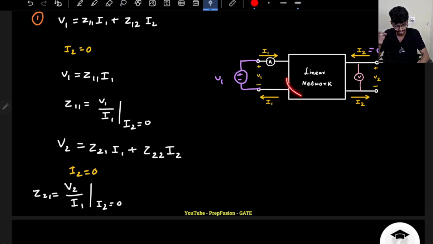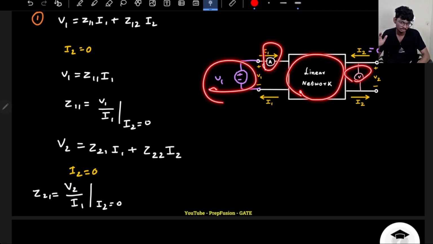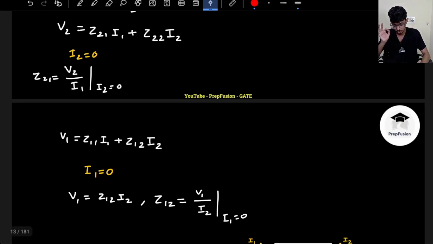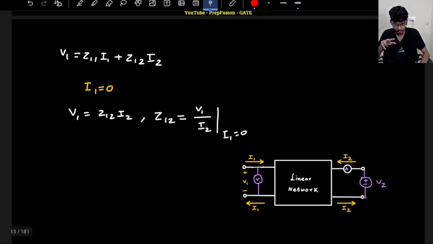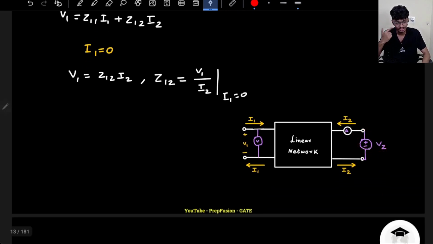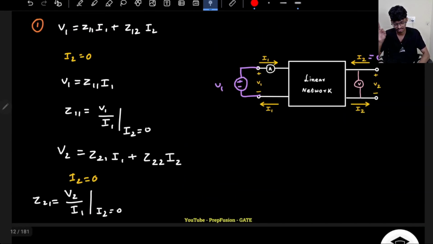What things do I need? I need the network, the ammeter, the voltmeter, and a voltage source. If I have these four things, I will be able to find Z11 and Z21. To find the other two parameters, I need those elements, but I will connect them opposite: the voltage source in port 2, the ammeter in port 2, and the voltmeter in port 1. Here it was just reverse.